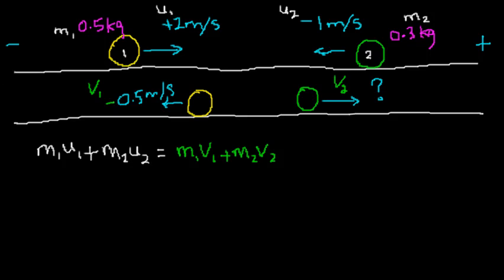I would first rearrange this equation using some algebra to make v2 the subject, the number that I want to find. So m1 u1 plus m2 u2.